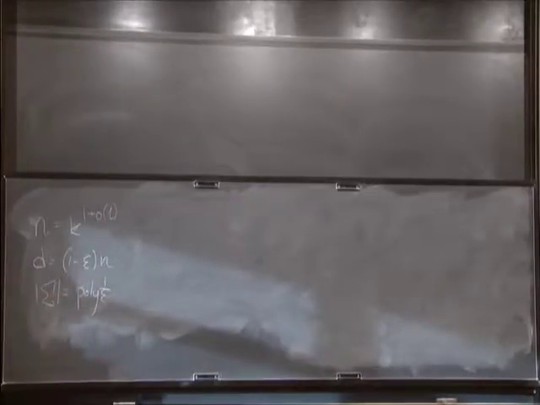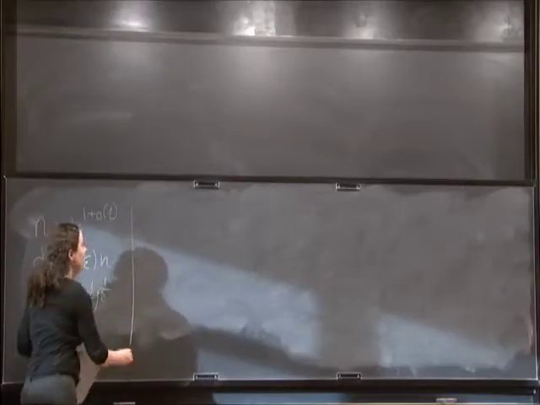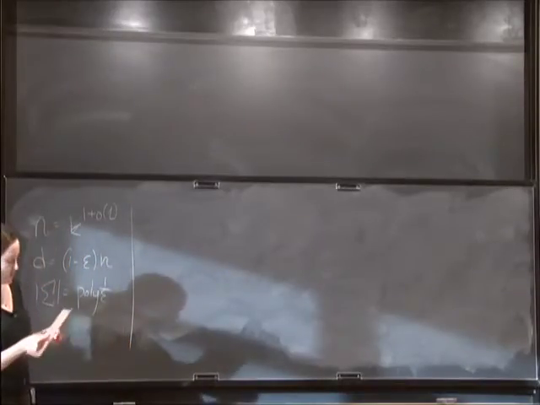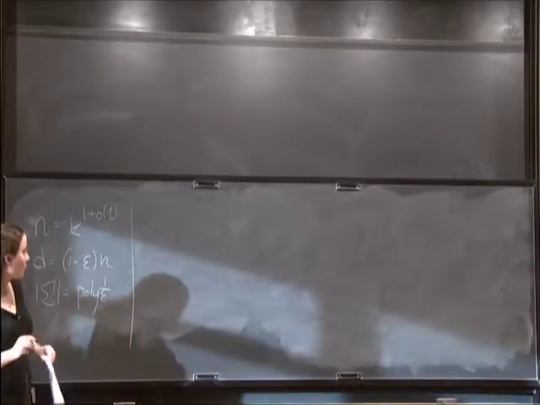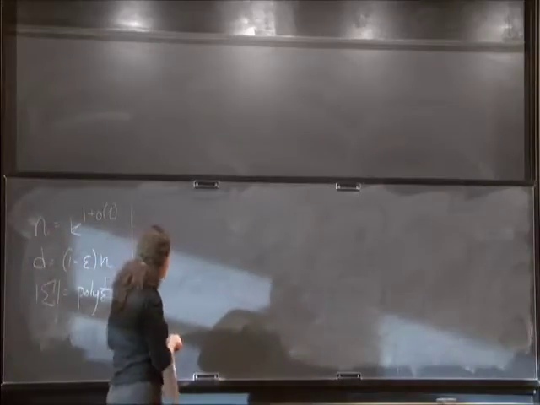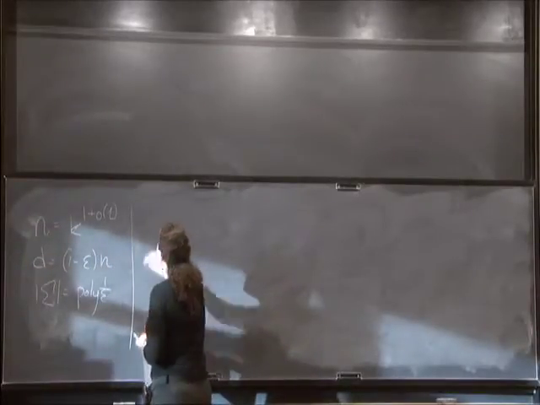This notation, polynomial in 1 over epsilon, is going to repeat many times in this talk. And we won't care about optimizing the constants in the polynomial, though it's an interesting problem, just the lower order terms of the problem.